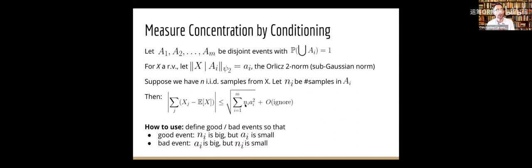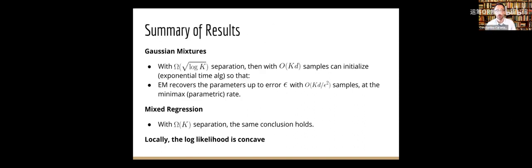Doing this carefully for this problem basically shows that when n is big, in other words, when an event is very likely to happen, it has to be a good event, which means that the impact on our calculation is going to be very small. A simple idea, but this was really the core technical nugget in both our work for linear regression and for mixtures of Gaussians.